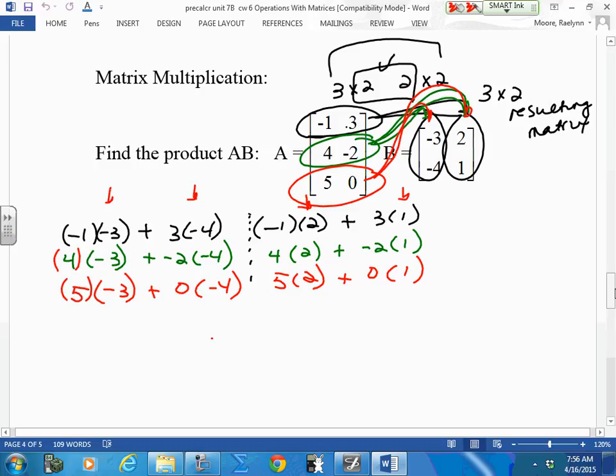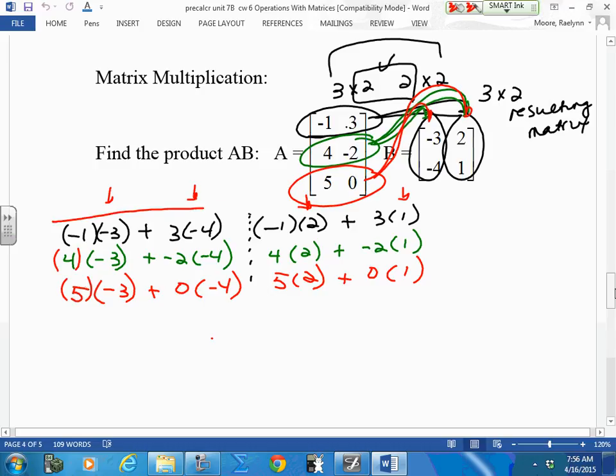Your first column of your matrix. 3, -2, 0. Your second column of your first matrix. -1, 4, 5. 3, -2, 0. If one of those is off, we did something wrong. Which is why it's so much easier to write the pattern out and then do it at the end.